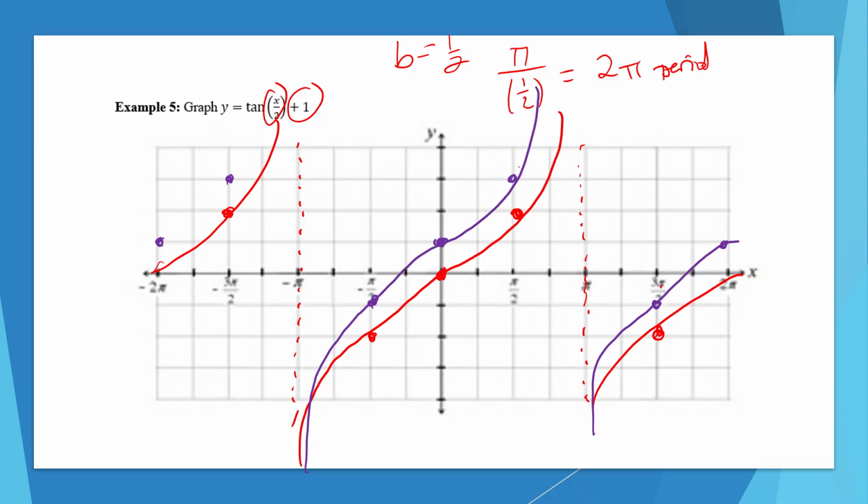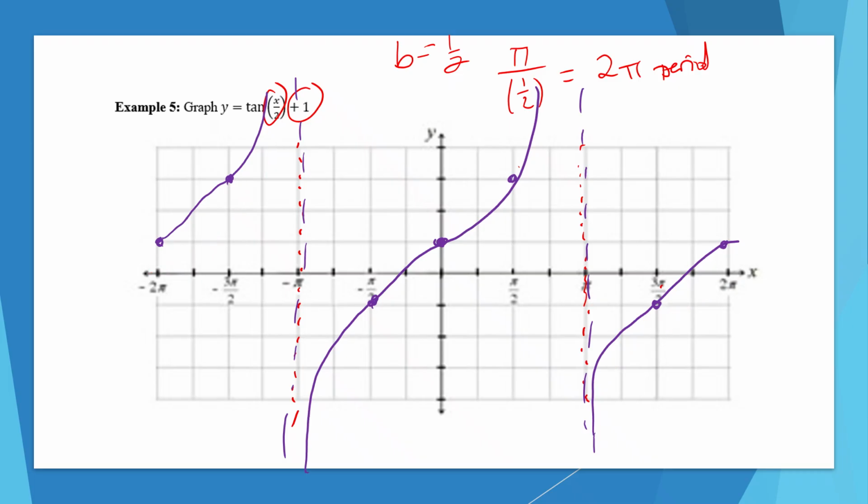And so this should be our new graph there. And let me erase all the red stuff so you don't get confused. The purple is what matters. So that is our graph, or our answer to example number 5.